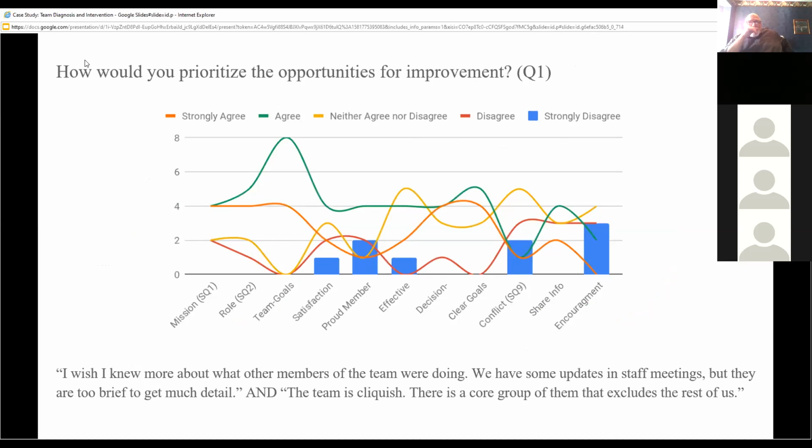So how do we prioritize the opportunities for improvement? You'll notice that this chart definitely highlights the unreliable data that we receive. It's just all over the place. Yeah. And so going into this team as a consultant, as our cohort team decided to do in this case, we definitely highlighted the areas that they need to improve. You'll notice that encouragement is the top number one priority.